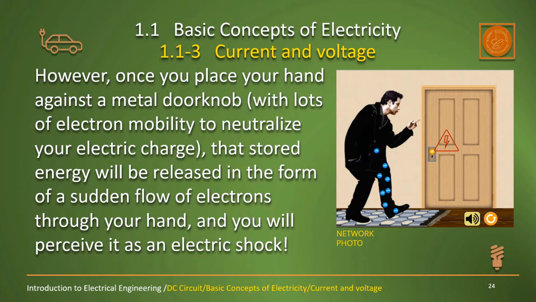When your hand touches the doorknob, the electrons will go through your hand and go back to the positive, because this is metal.